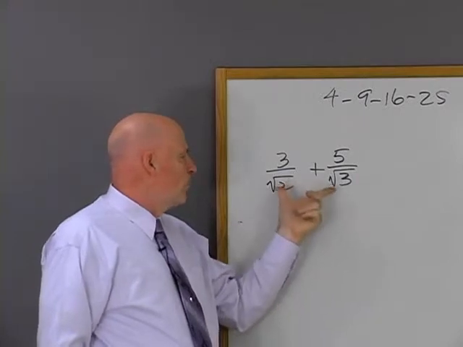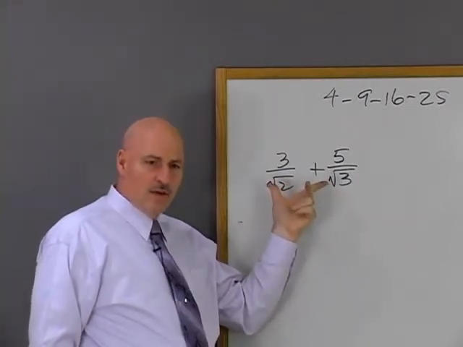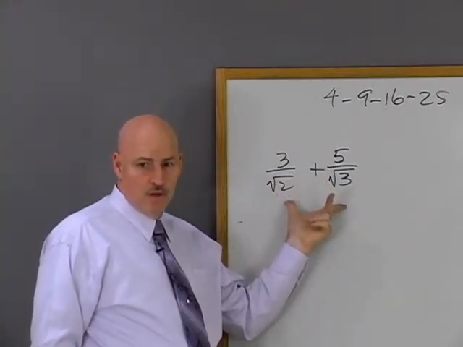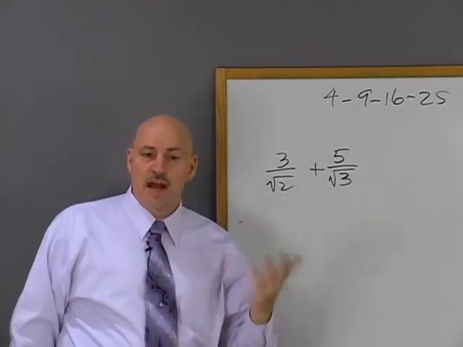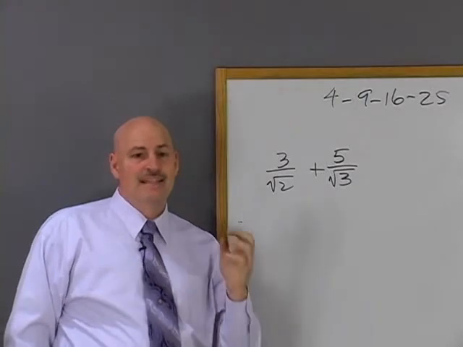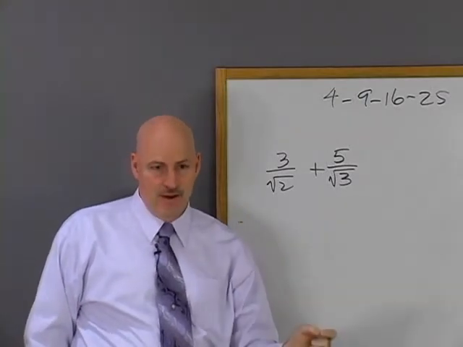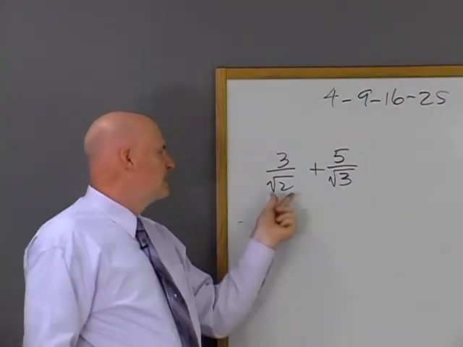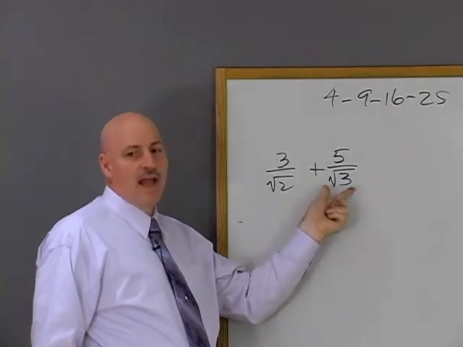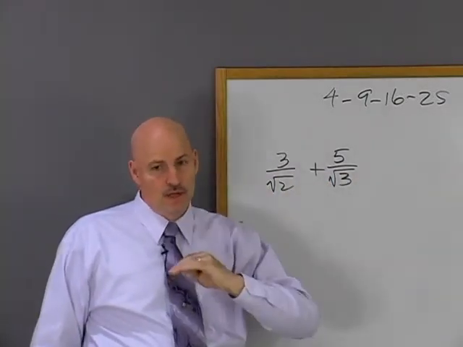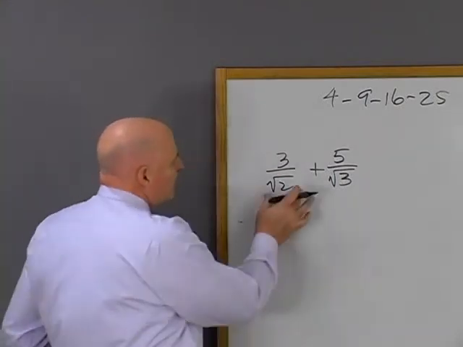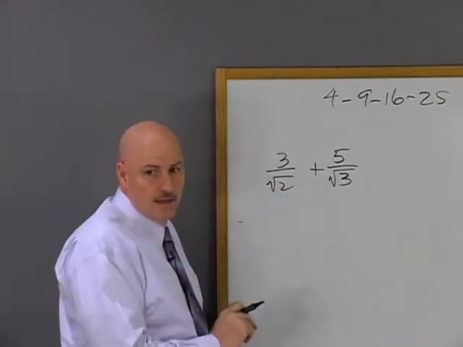First of all, we're in bad trouble because we've got radicals in the denominator. We have to get rid of those. But we also are adding 2 fractions, and we can't add 2 fractions unless they have the same denominator. But first, let's get rid of the radicals in the denominator, and then we'll deal with it as a fraction problem. So it's 2 levels here. What would we multiply times this one to get rid of that radical sign?